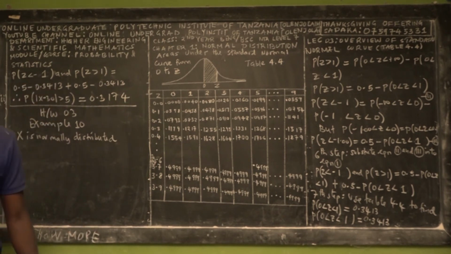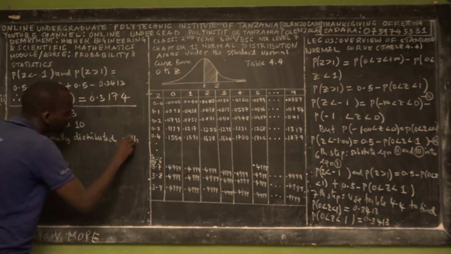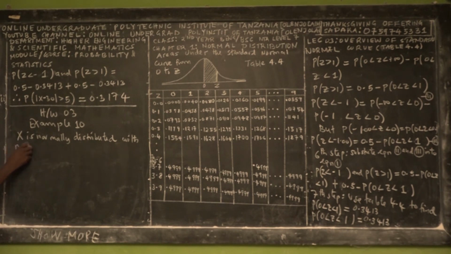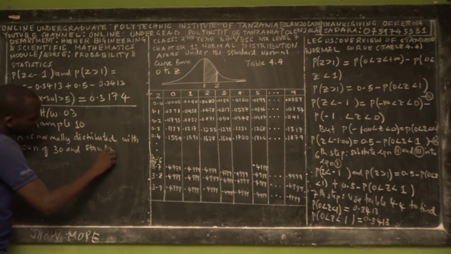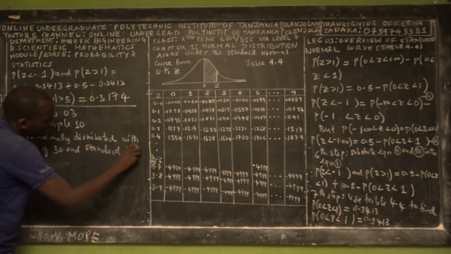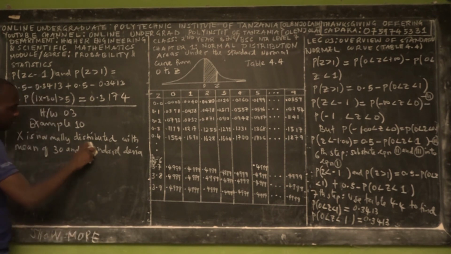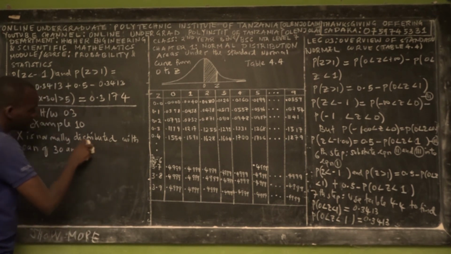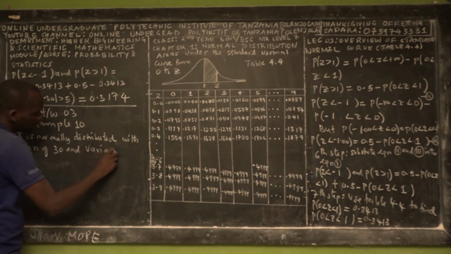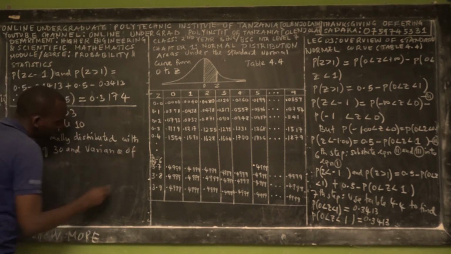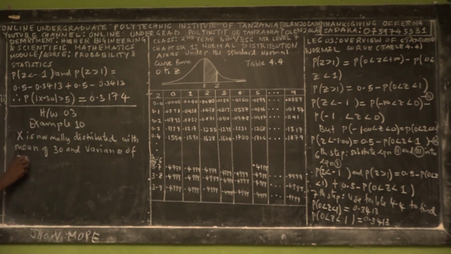So X is normally distributed with mean of 30 and the standard deviation, and the variance of 25.